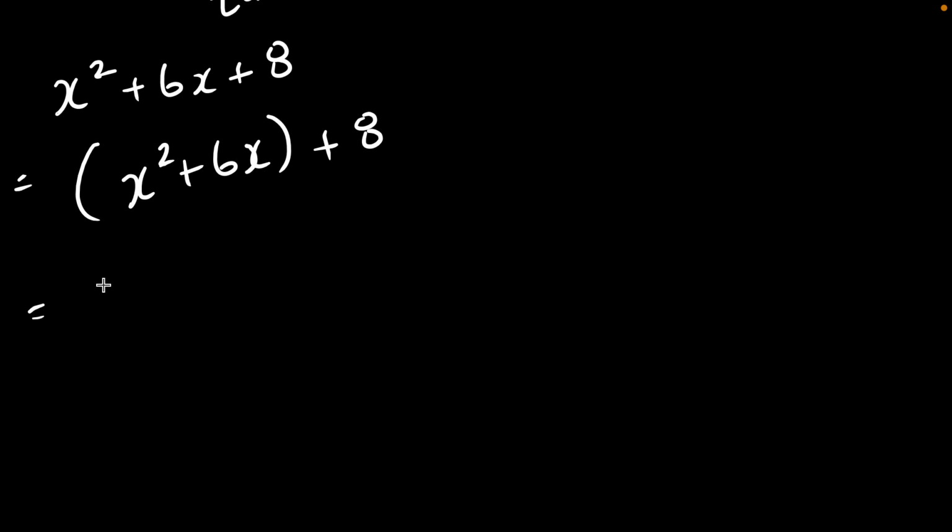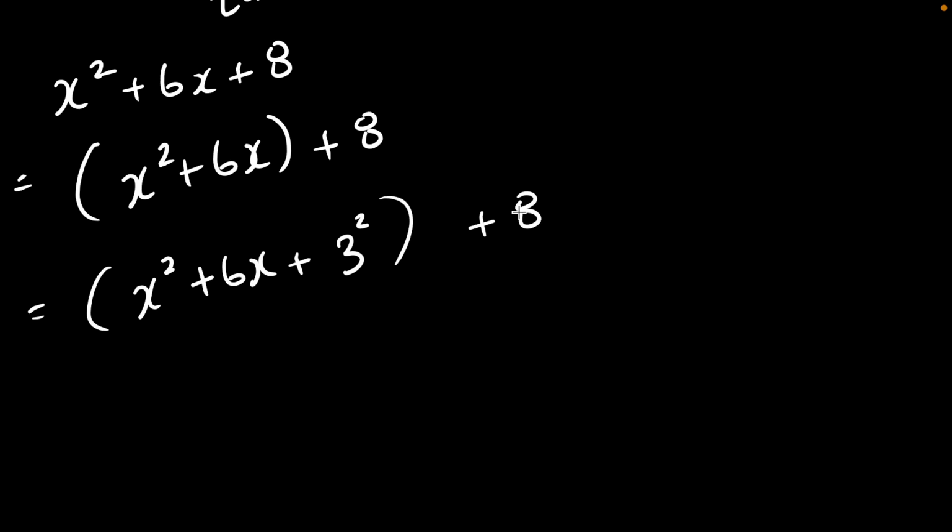We're going to end up with x squared plus 6x, and what is half of 6x? It's 3, and we're going to square it, and that is a perfect square. However, that plus 3 squared was not there, and we don't ever want to change the value of what we have. So since we added it here, we're going to subtract it here, and voila, just like that, we've not changed the value of what we have. That's how that works. So we're just rewriting what we have.